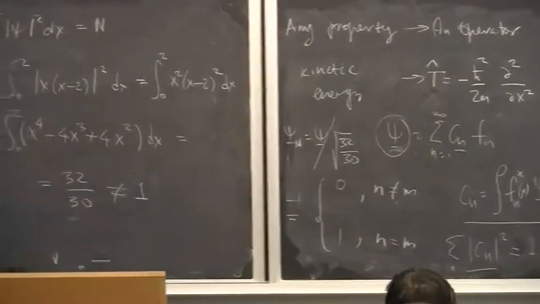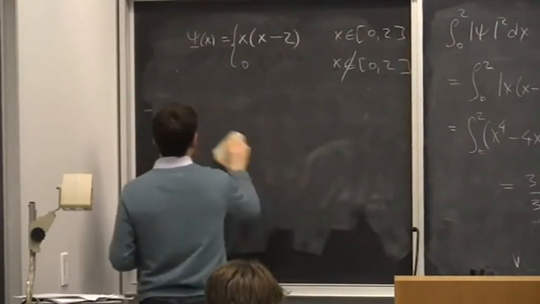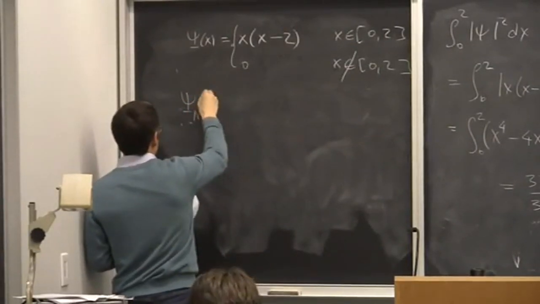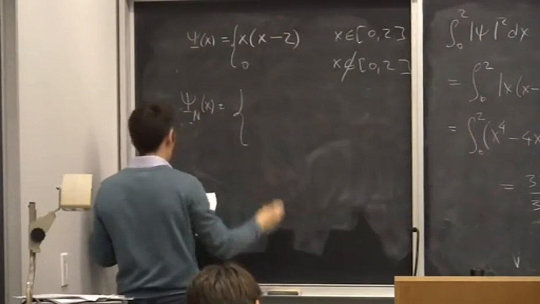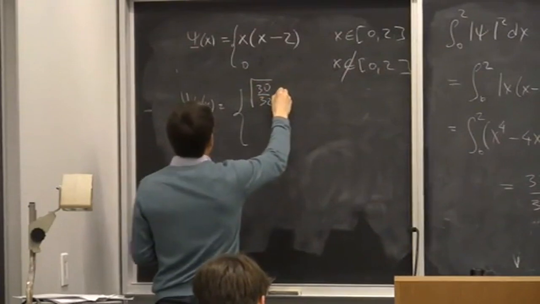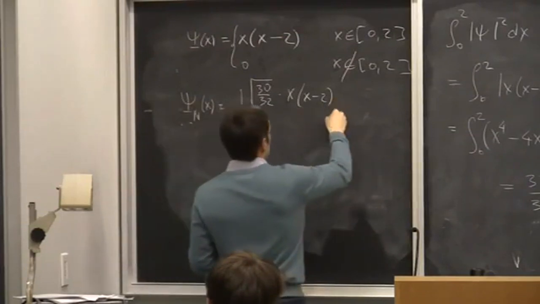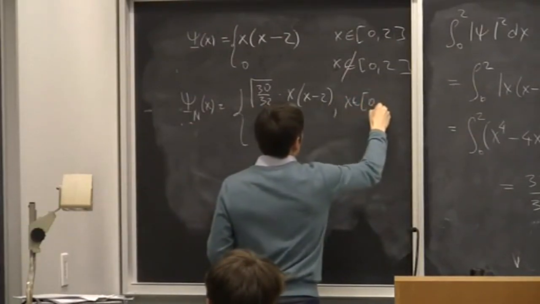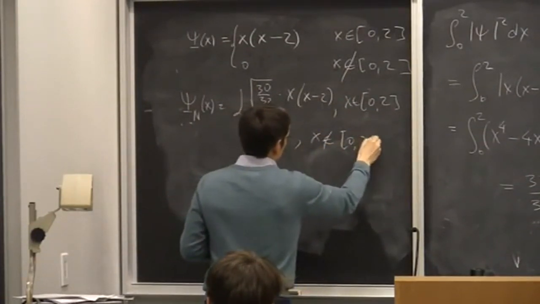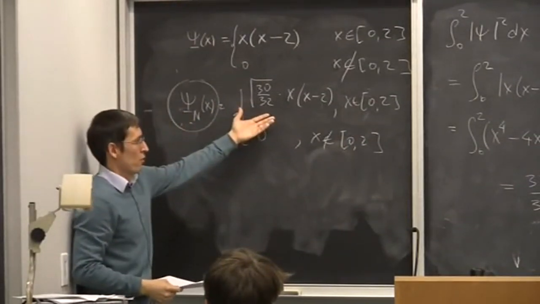And so the normalized version of this function will be the square root of 30 divided by 32 multiplied by (x minus 2) within the range 0 to 2, or 0 outside of that range. Right? So now we have a proper function.